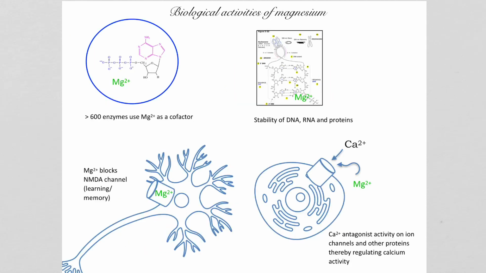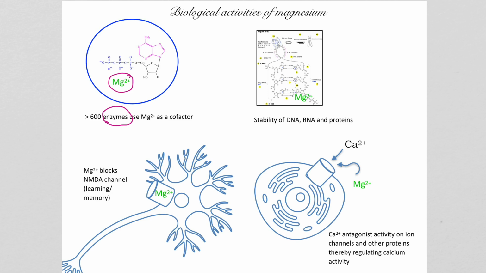So magnesium, like calcium, has this 2+ charge. It's not surprising that, just like calcium, magnesium can affect many proteins, all kinds of things, the shape, the activity, the stability, and so on. So very similar chemistry to calcium.